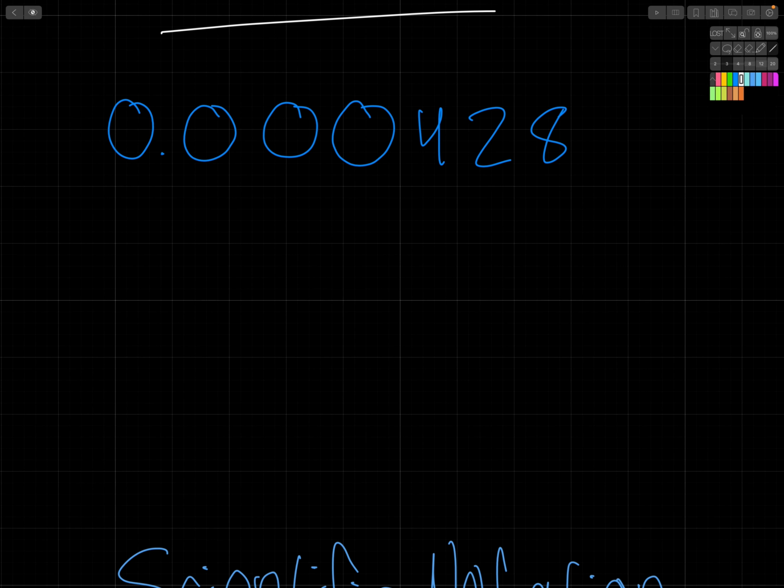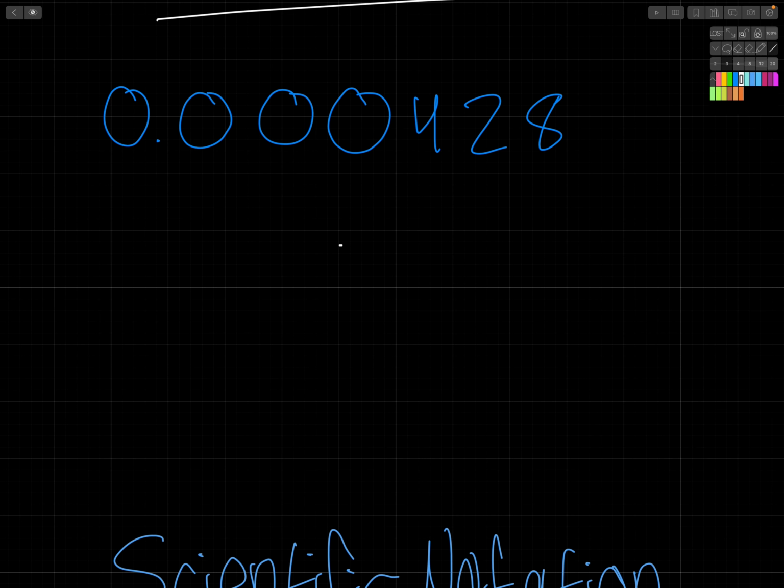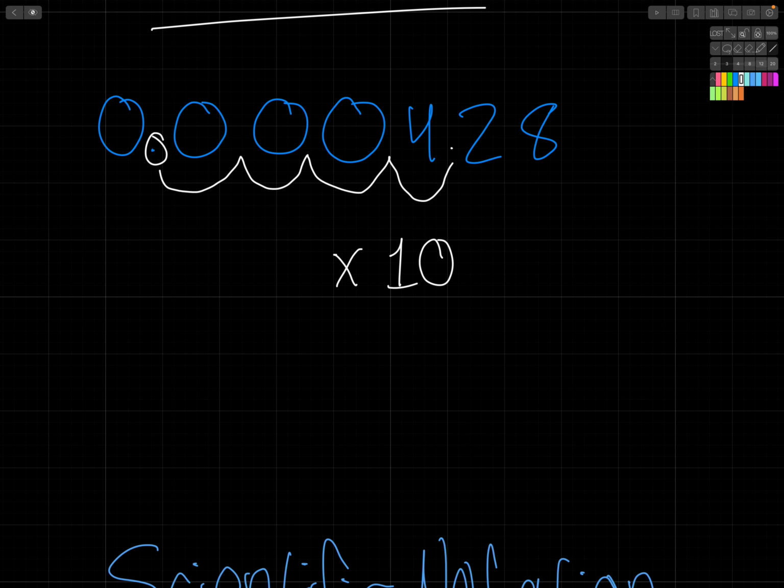So what you do is first, obviously, write the times 10. And then look at the decimal place and go in front of the first number, right? So the first number you see. So we go 1, 2, 3, 4. Because you want the decimal place to be in front of a number so that it is only one number, right?